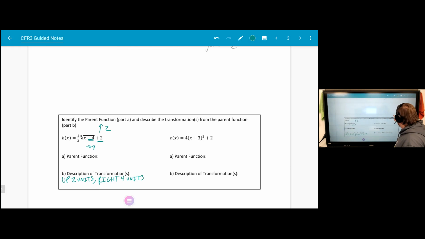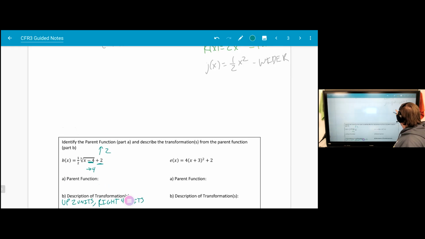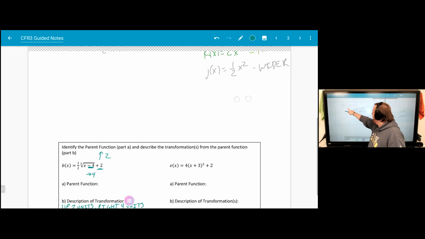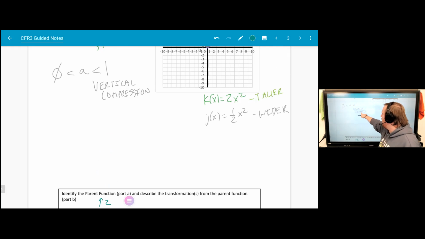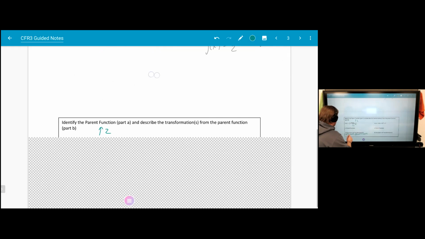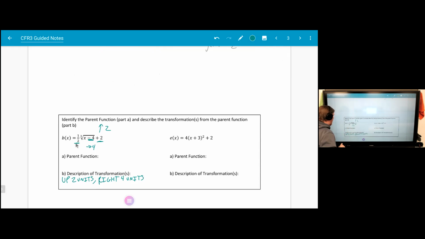When that A value is between 0 and 1, we called that a vertical compression. So that's all we're going to do to describe it right now. This half, that's our new part. We're going to call that our vertical compression. I'm going to abbreviate that up here by VC.